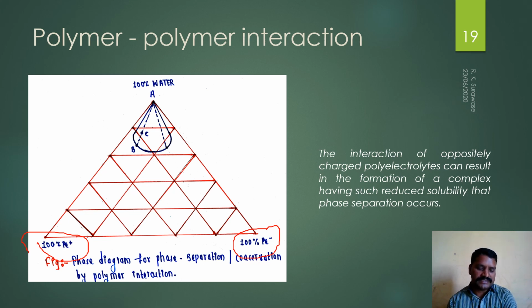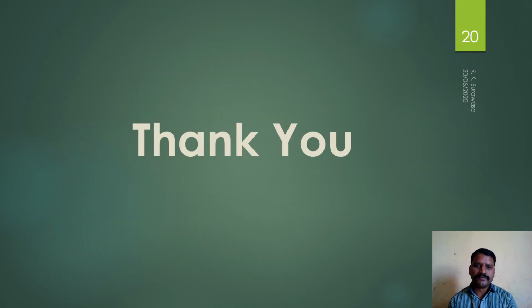Methyl salicylate is used as the core material in this example of polymer-polymer interaction. Under proper conditions of pH and temperature, these two oppositely charged polyelectrolytes will interact with each other to form a complex, and this complex is deposited around the core material phase. So this is about the polymer-polymer interaction.